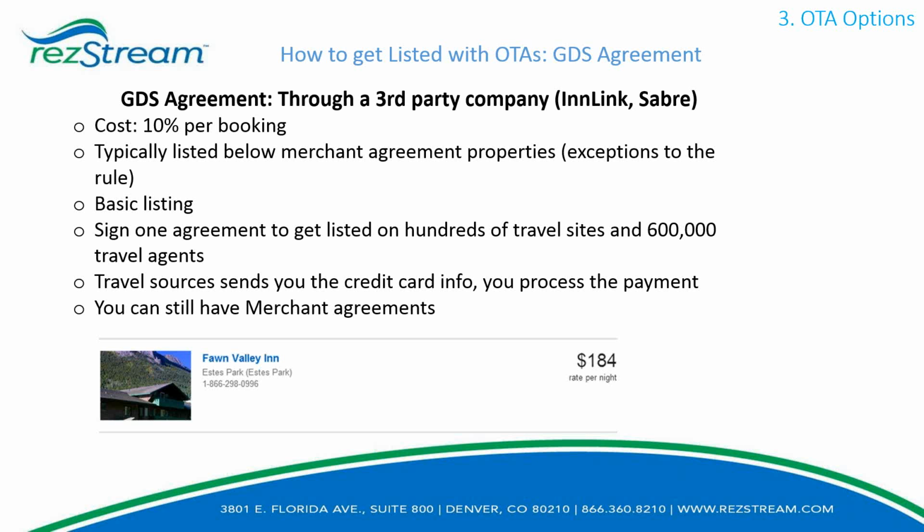Let's say you sign up on the GDS and you're in a high demand area with a lot of properties participating on travel websites like Expedia, and you're listed at the bottom of page 2. You don't like that and you're willing to pay the extra money for an advanced listing placement. You can still contract directly with Expedia, and Expedia will get you listed up on page 1 with those fancy features, and you can still take advantage of that one contract, hundreds of websites, 600,000 travel agents.